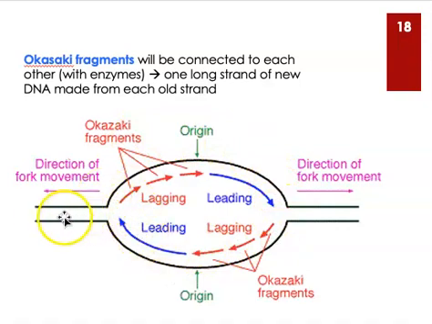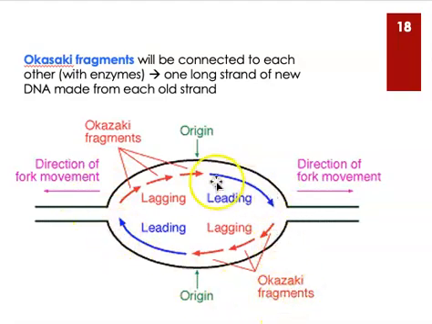It's going to open in this direction more, and it's going to open in this direction more. This little region right here, where the bubble meets the part of the DNA that's still in a double helix, that's referred to as the fork, the replication fork. So there's a fork right here, and there's a fork right here.